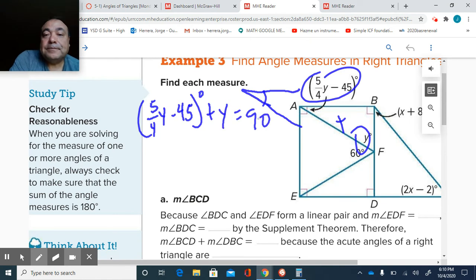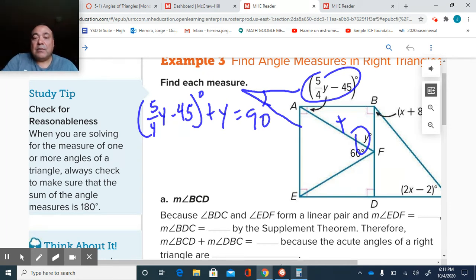Okay. And let me do it separately with your permission. So I'm going to go here and I'm going to go 4/5 y minus 45 degrees plus y equals 90 degrees. Why 90? Because we already have a 90 right there.